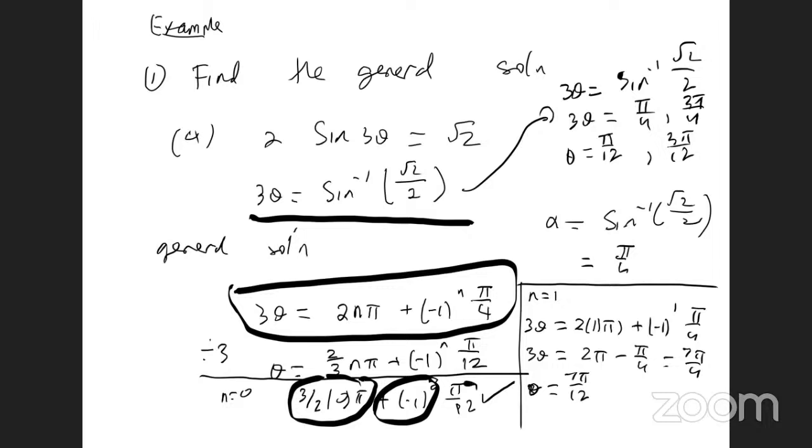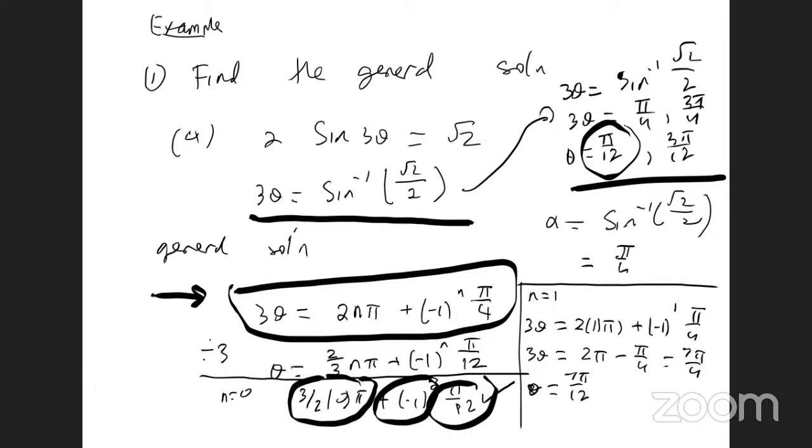So this pi on 12 coincides with the first value. So this formula here in the box is supposed to give us all the angles. I'm not sure why I'm not getting the 3 pi on 12. We'll try back the next one and see the multiply wrong.